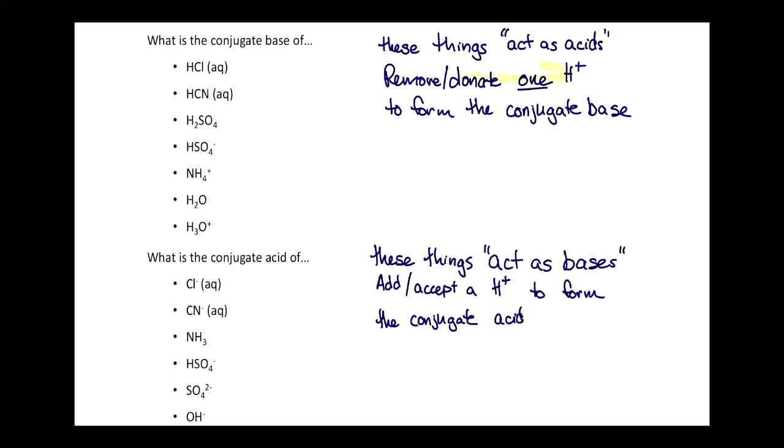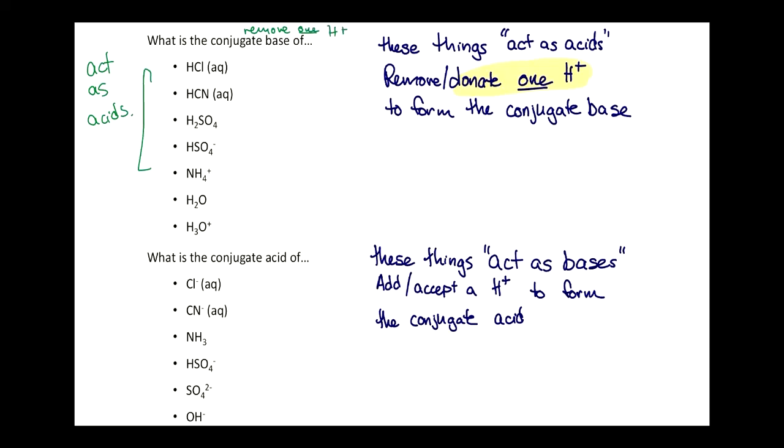So what we want to do is remove one H plus from its formula, because I'm asking you, what is the conjugate base of all these things? All of these are acting as acids, so I just want you to tell me what conjugate base is left over after it acts as an acid. So all we're going to do is remove one H plus.